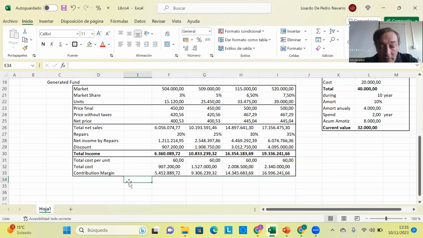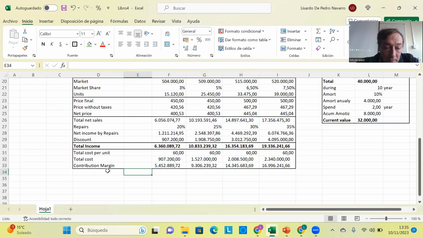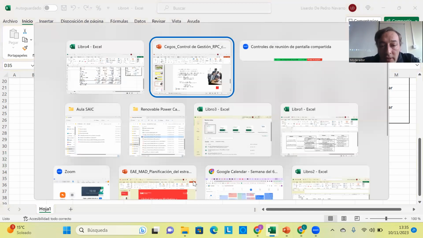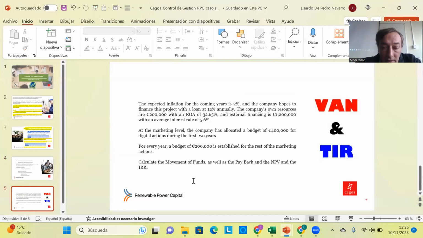Great. Now we are going to address marketing communication, marketing and sales. If we move into the case, it says that at the marketing level, the company has allocated a budget of 400 for digital action during the first 2 years.